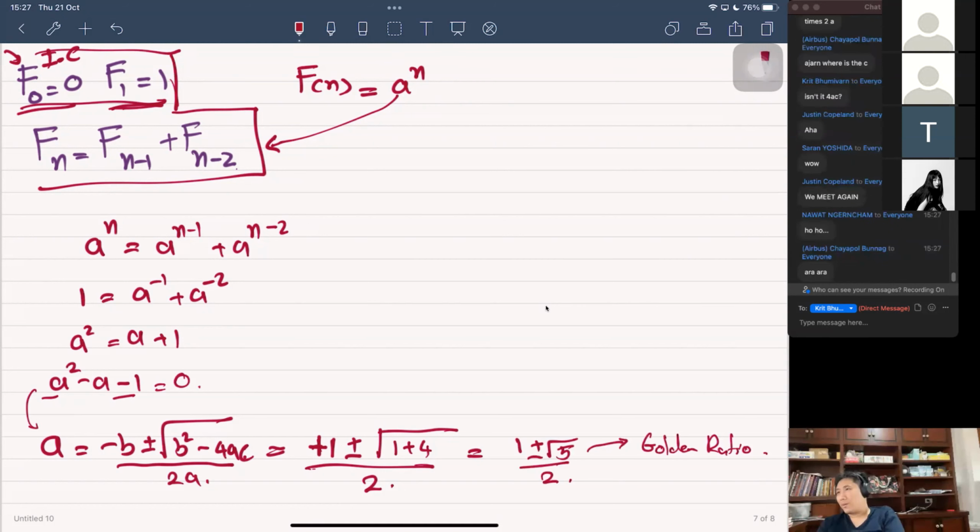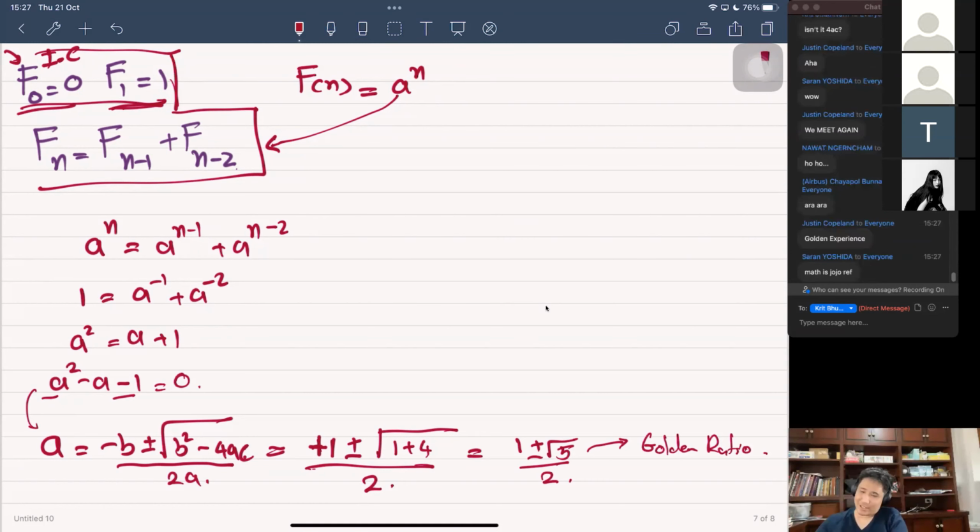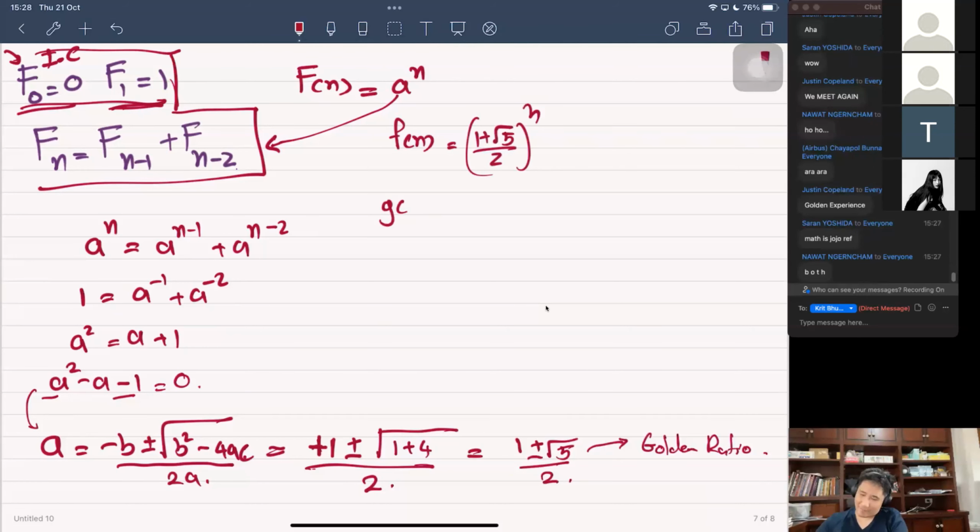Now, would you like the plus or the minus? That means you have two solutions, right? f of n is ((1 plus the square root of 5) over 2) to the n, or g of n is ((1 minus the square root of 5) over 2) to the n.